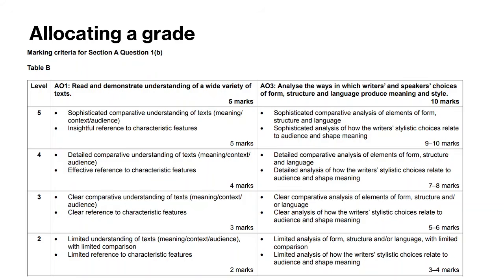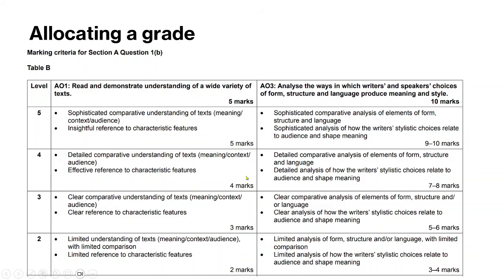In this case, in terms of the comparison, I still would sit at level 2 or level 3 for assessment objective 1. So let's say I'm going to be very kind and give the benefit of the doubt. There were some references to characteristic features within the text, so let's say I give 3 marks. The analysis, however, I wasn't very happy with. There was no point, evidence, explain. Yes, they identified some form, some structure, some language.